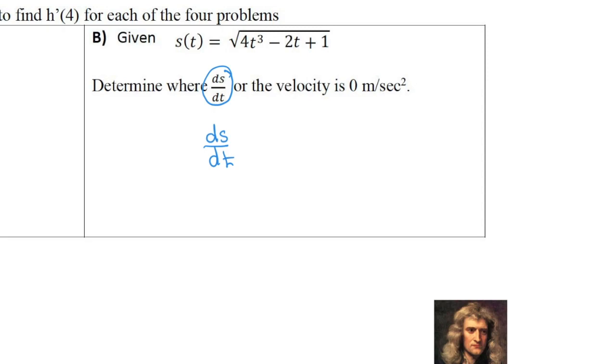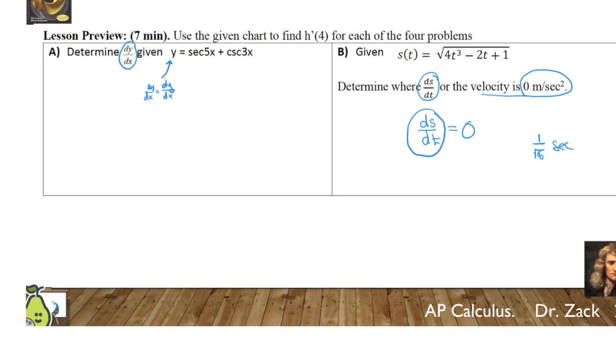And since you wanted to know where your velocity was equal to 0, you took your derivative and set it equal to 0. So in this problem, you should have found the velocity is 0 meters per second at 1 over root 6 seconds. But ds dt is the focus of this problem as we leap into our next lesson.